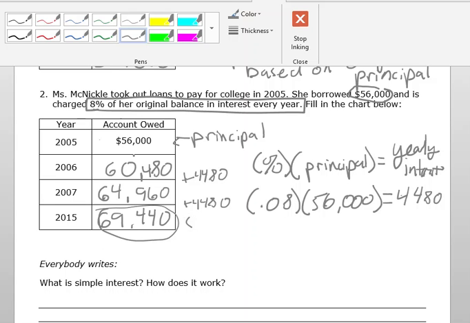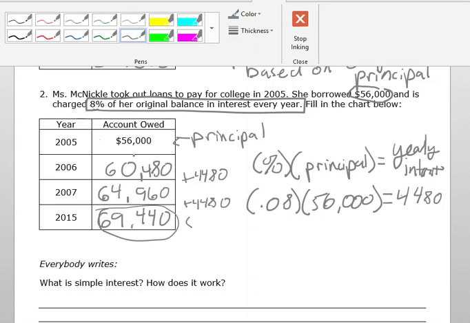So you can imagine if I'm the bank and I'm the one who lent this money, that $56,000 for me, I get that $56,000 back. Plus, I'm going to get an additional $13,440. So this is how banks make their money.